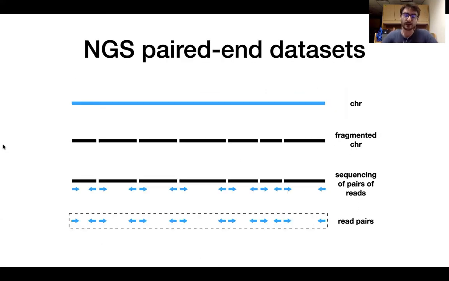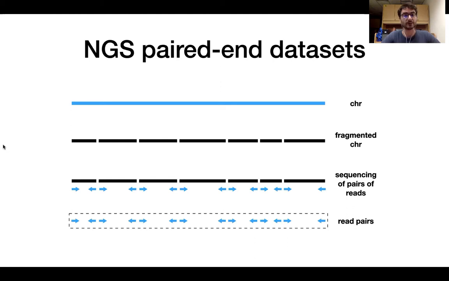And there are many types, many platforms for DNA sequencing nowadays, but by far, the most used is next generation sequencing, in particular, Illumina platforms. And what NGS sequencers do is they are unable to read very long strings of DNA.